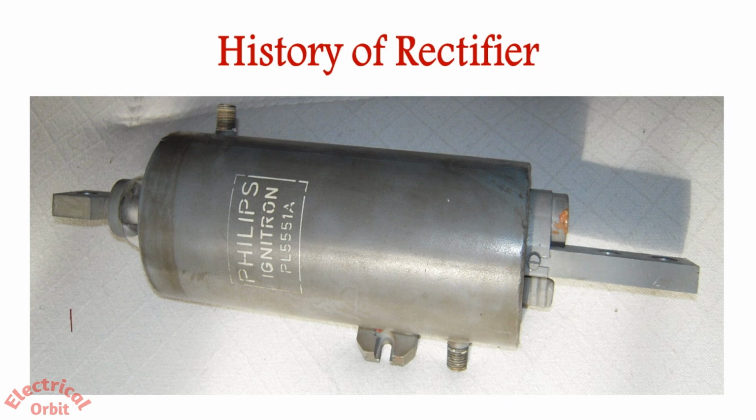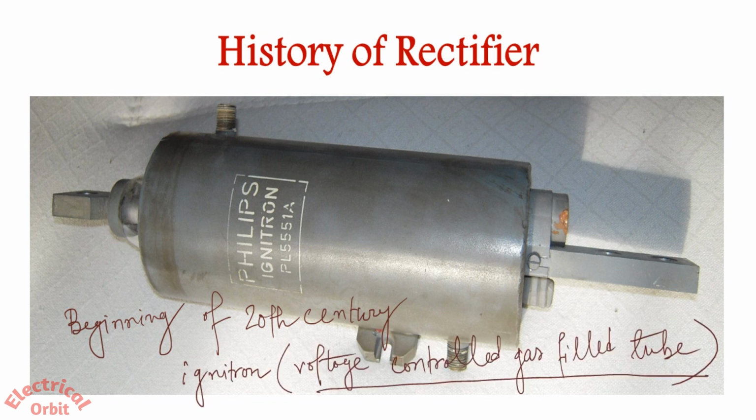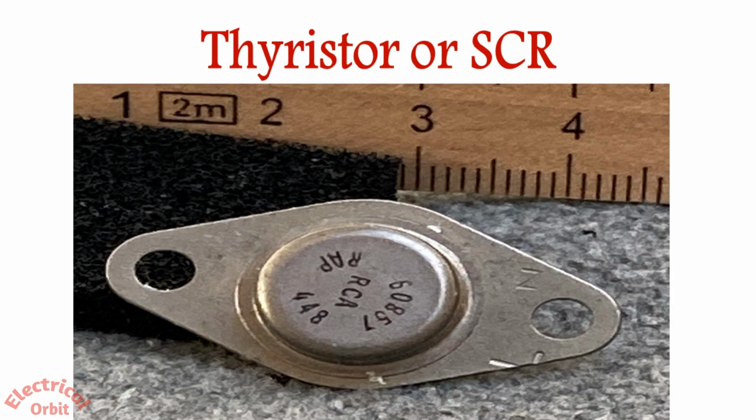Usually at the beginning of the 20th century, the ignitron, which is a voltage controlled gas filled tube, was used for rectification. This is the ignitron tube. But slowly the entire system switched to the Thyristor or SCR.